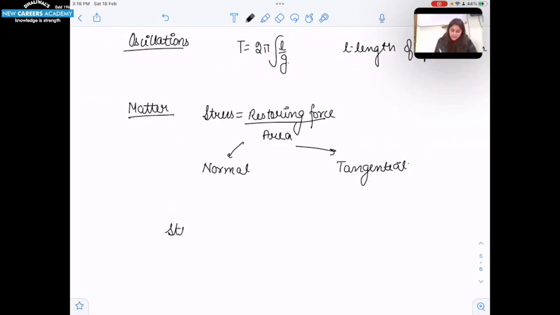Next we have strain. Strain is a ratio of change in configuration of a body. Since this is a ratio, it is a unitless quantity.